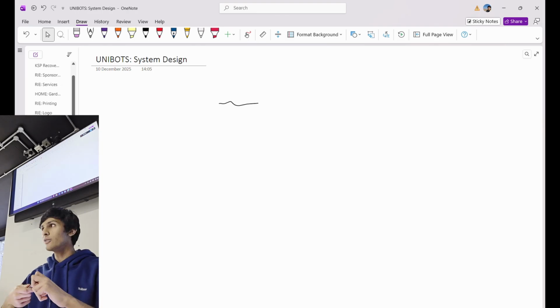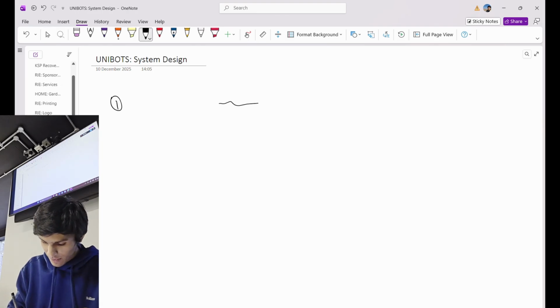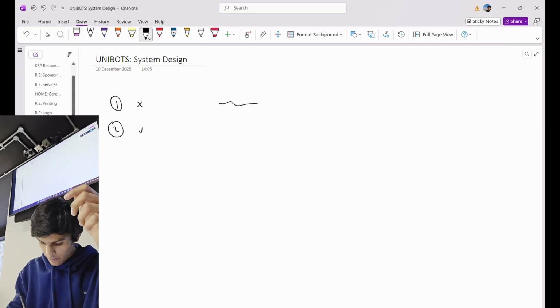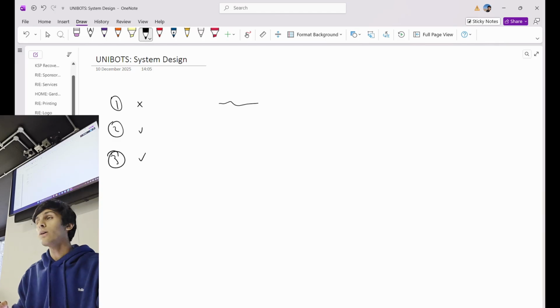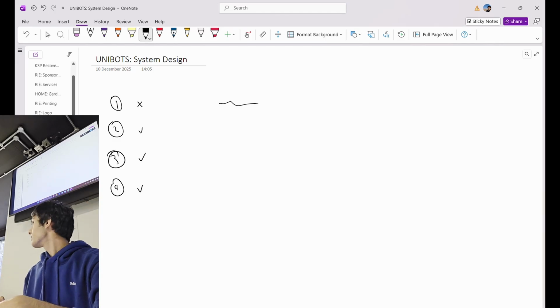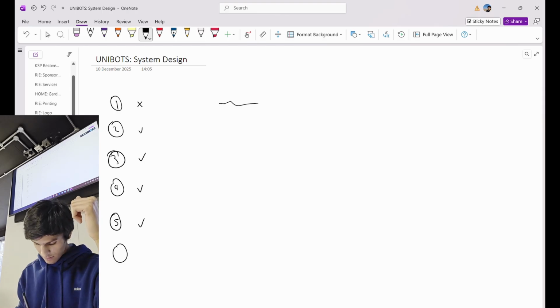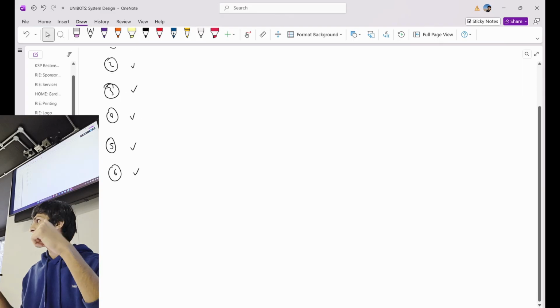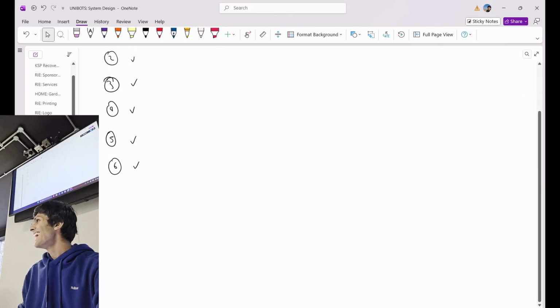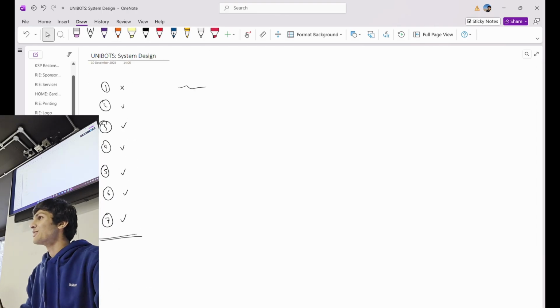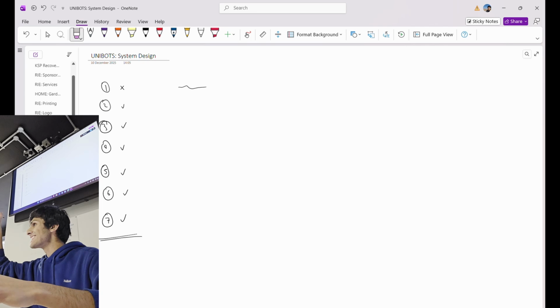Group 1, group 2. Group 3. 4. 5. 6. 7. Oh, so sad. Well, that's better than. And I think that's it. Okay. So, no, it wasn't sad that only 2 of them showed up. It was sad that you put the hand up like this.